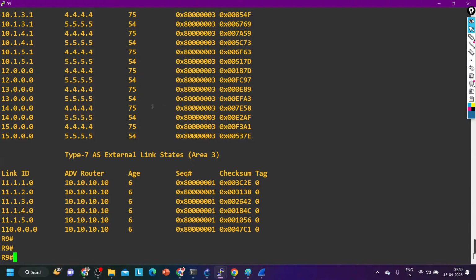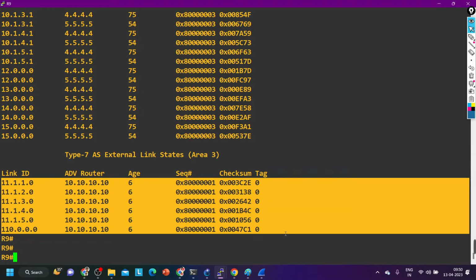Yes or no? But see, the ASBR router is generating what, guys? LSA 7. So in an NSSA area, the ASBR router is allowed, and it will generate LSA 7 to share external prefixes, because here LSA 4 and LSA 5 are not allowed.